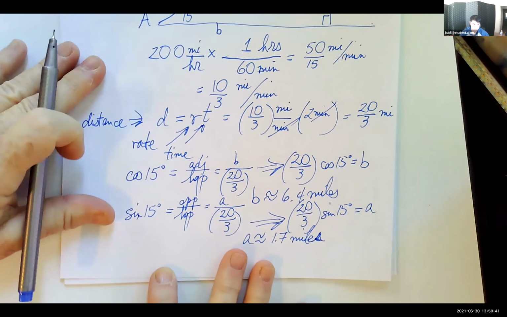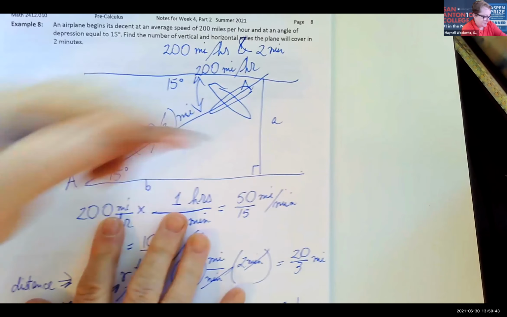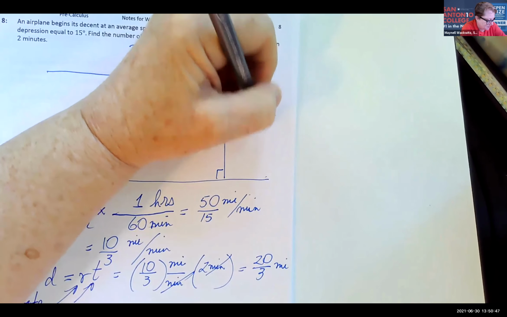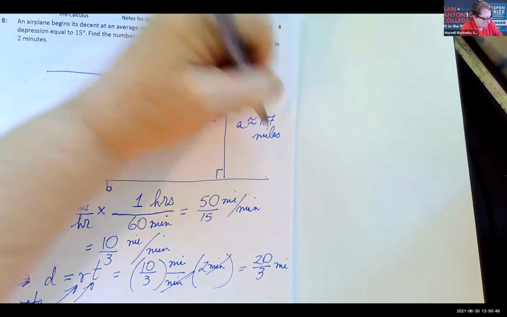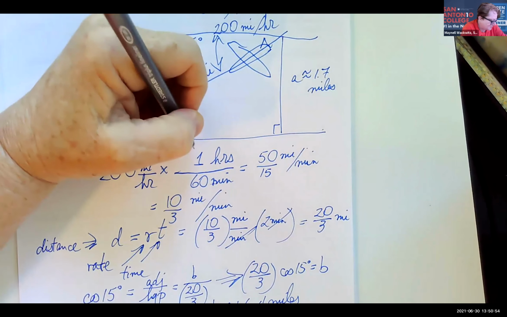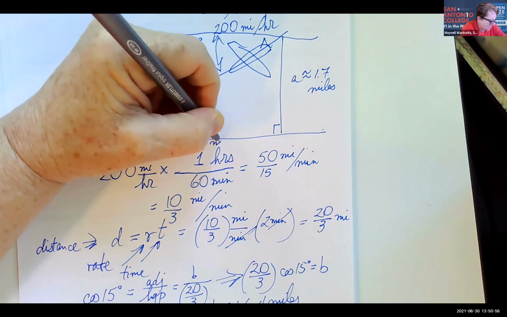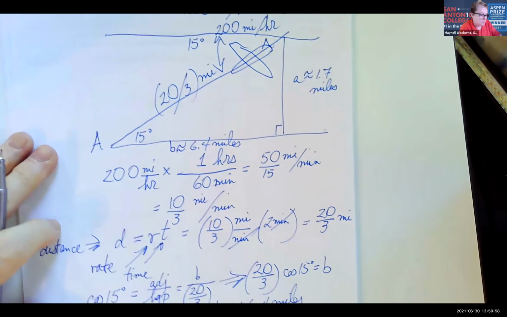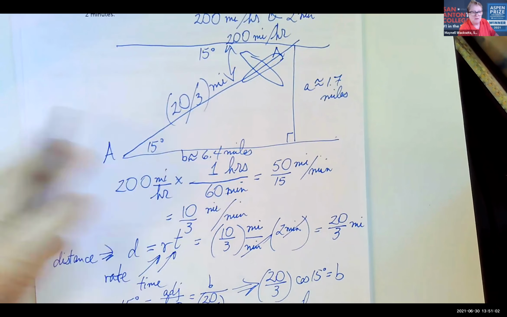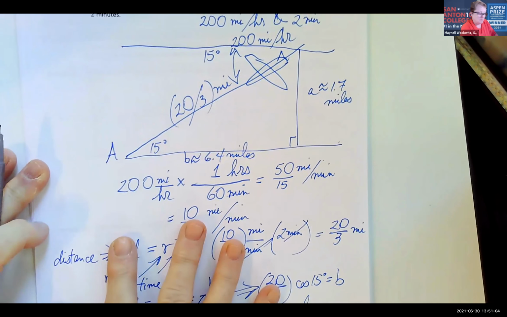Good. So let's go back up here and put, we know that A was approximately 1.7 miles. B was approximately 6.4 miles. And I'm going to keep C as 20 over 3 miles for as long as possible.